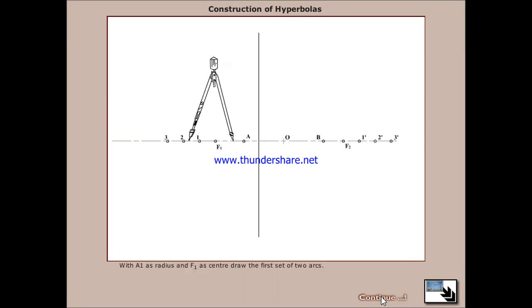With A1 as radius and F1 as center, draw the first set of two arcs. With B1 as radius and F2 as center, draw arcs to cut the previous arcs at P1 and P1 dash.